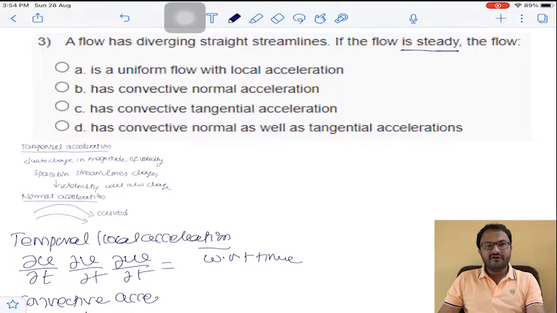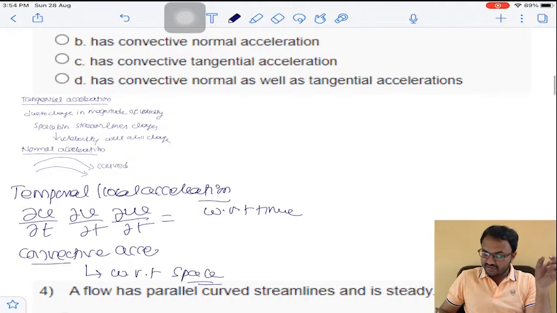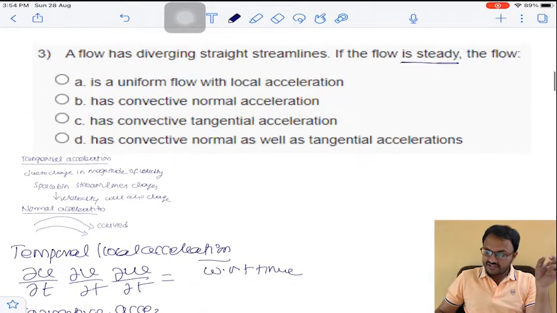The velocity of flow with respect to time is equal to 0. That is, there is no change in the velocity with respect to time. So when there is no change in velocity with respect to time, there is no temporal acceleration. Okay, so the flow will have only convective acceleration. Clear? So options B, C, D will have convective acceleration.